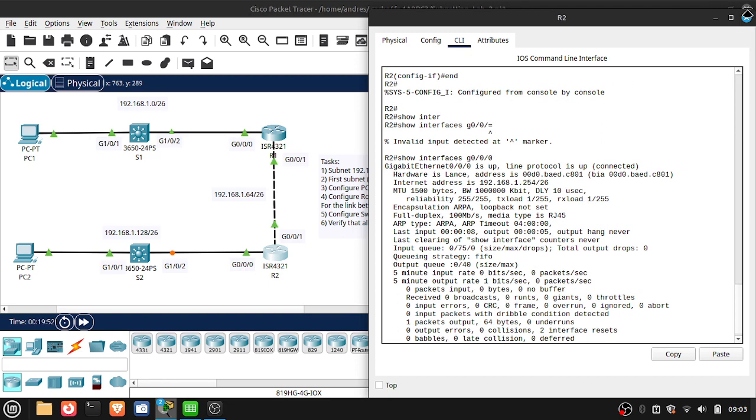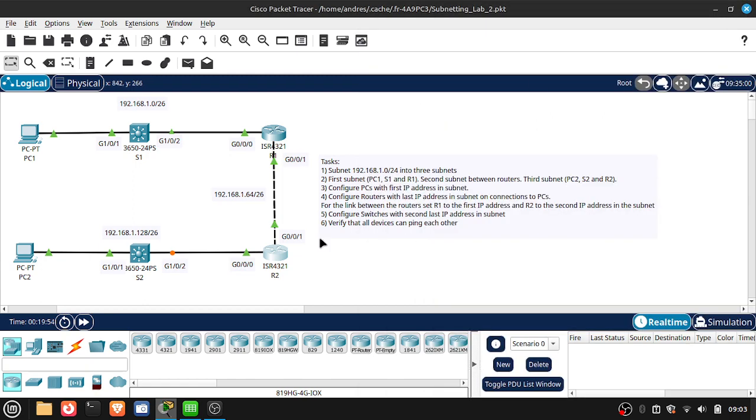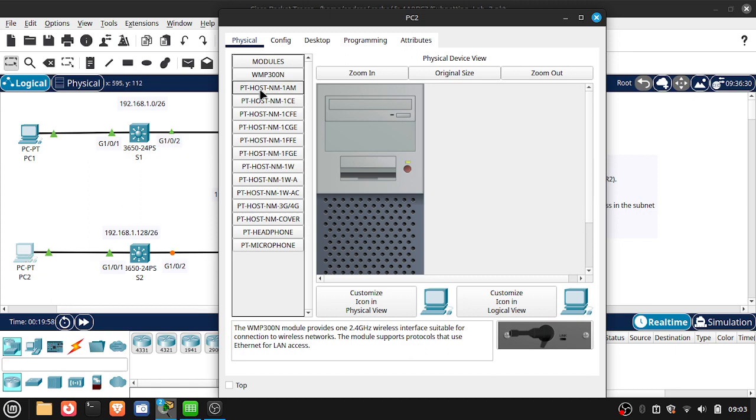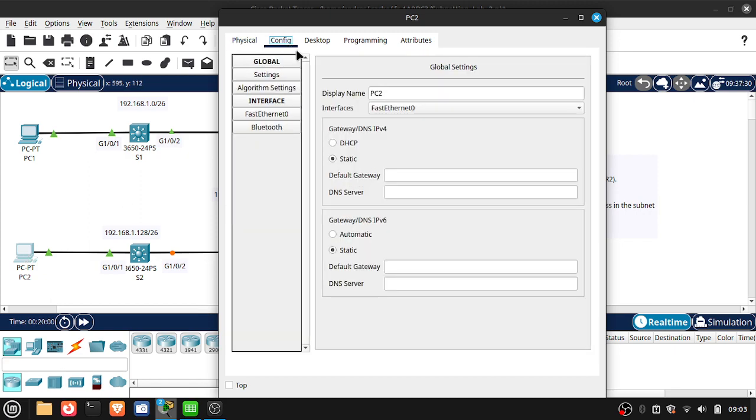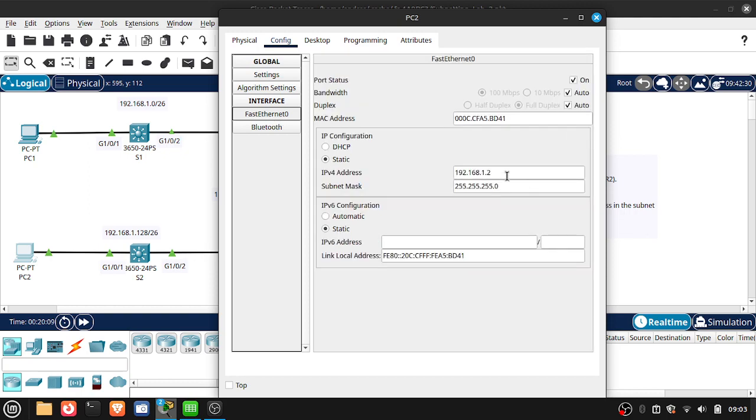So we have our default gateway, and now go to PC2, config, default gateway 192.168.1.254, FastEthernet0. Oh, this is going to be 129 because the network address is 128.